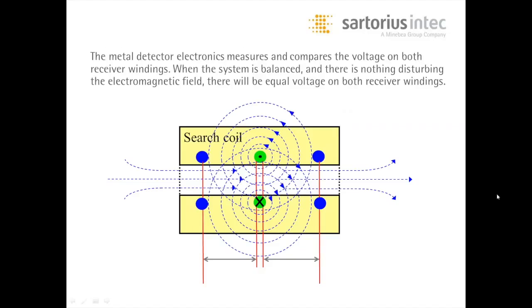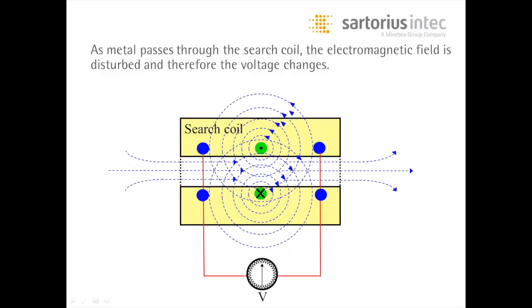The metal detector electronics measures and compares the voltage on both receiver windings. When the system is balanced and there's nothing disturbing the electromagnetic fields, there will be equal voltage on both receiver windings, as you can see indicated below. In this image, we replaced the electronics with a simple voltmeter, if you will.